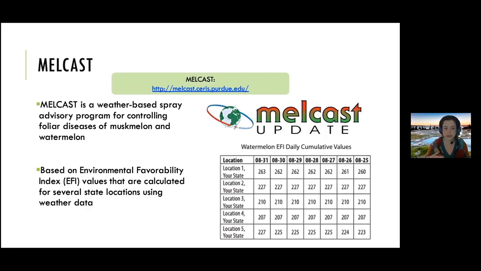In other states, there have been reports that folks using this are saving themselves 2 to 3 sprays and not losing any fungicide efficacy. So we wanted to evaluate it along with our regular programs. This is hosted by Purdue, by Dr. Dan Egel. I think it's still going. I think now you may have to pay a little bit, but it's not very expensive if anyone is curious.